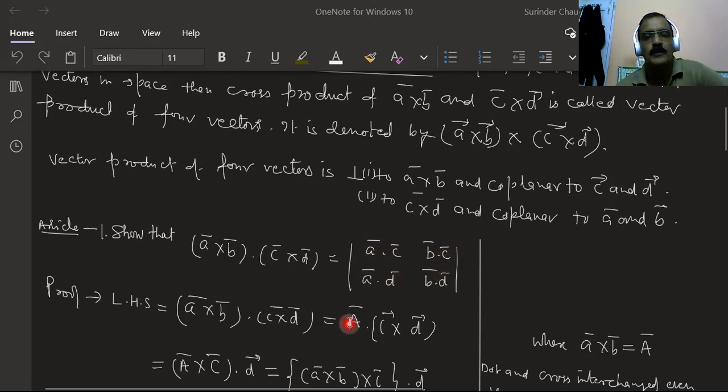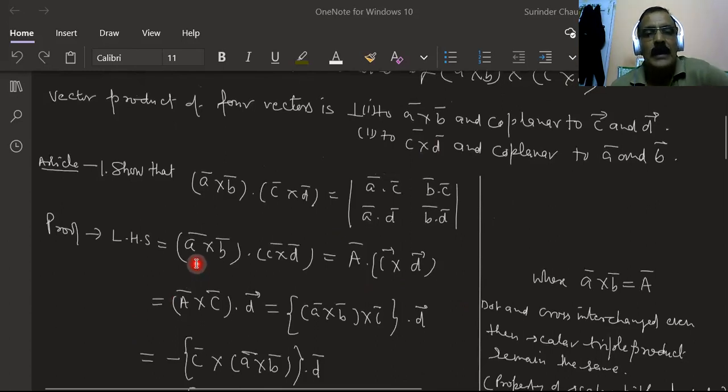So let's take the left hand side, A cross B dot C cross D. Let us first calculate the cross product A cross B. The resultant is a single vector, so let A capital vector be A cross B. Then we have A vector dot C cross D.